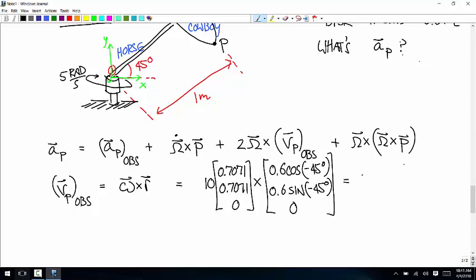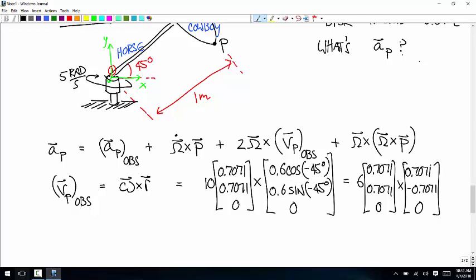And so you can pull out all the scalars. So we have 6 times 0.7071, 0.7071, 0, crossed with 0.7071, negative 0.7071, 0. Those two unit vectors are perpendicular to each other.